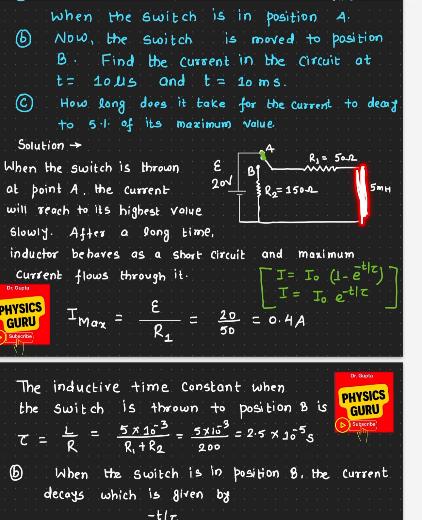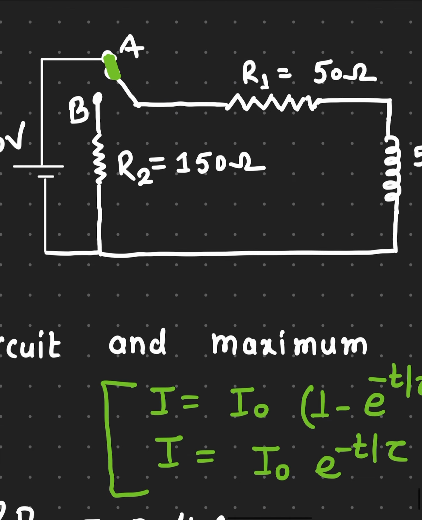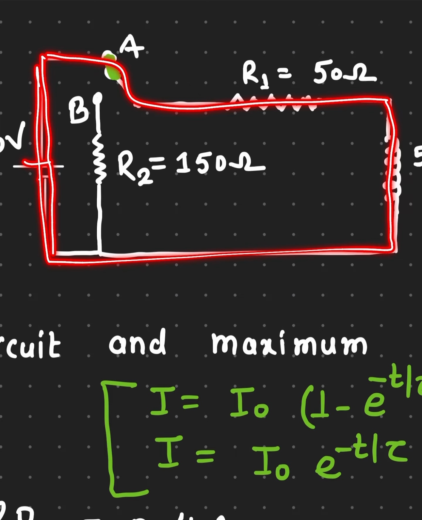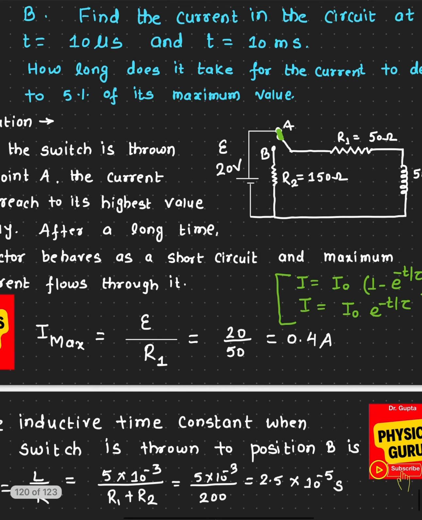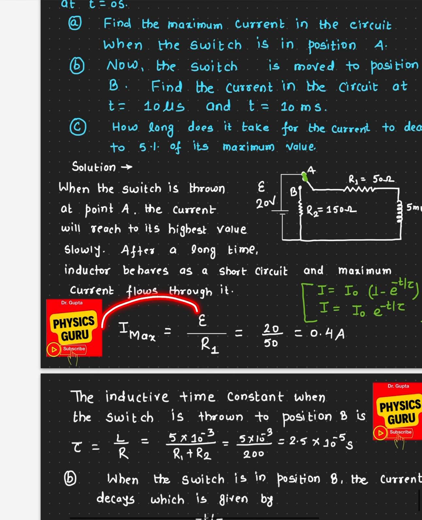a conducting wire. So if you look carefully, we have a battery, a resistor, and this is simply a wire. Then we can find the current in the circuit, and this current, the maximum current, is given by the EMF divided by R1.